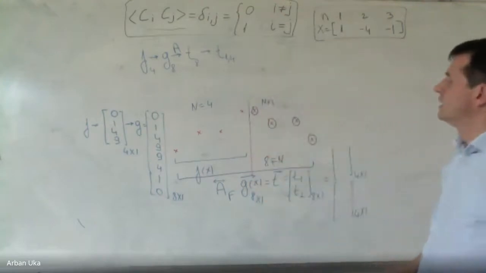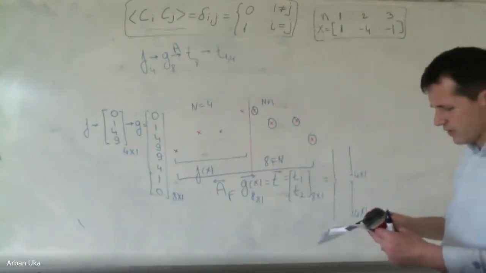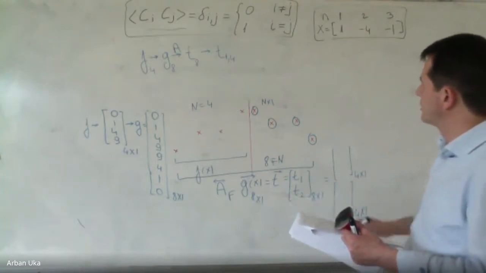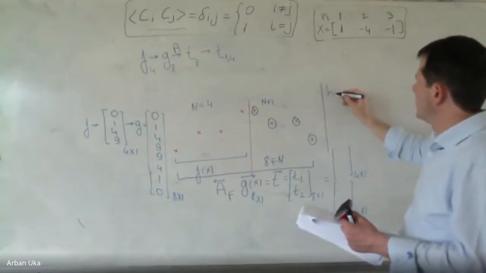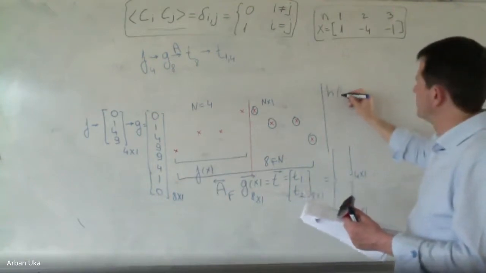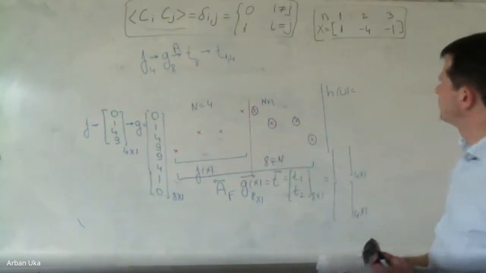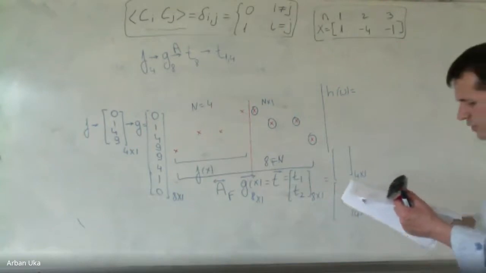Now this t1, we have to multiply with a new kernel. So we make up a new kernel, and this new kernel is going to be the following. We denote an h of u. So the reciprocal of x is going to be u. This is not a two-dimensional discrete cosine transform. And the kernel looks like this.